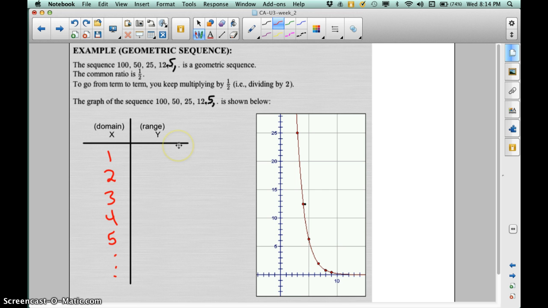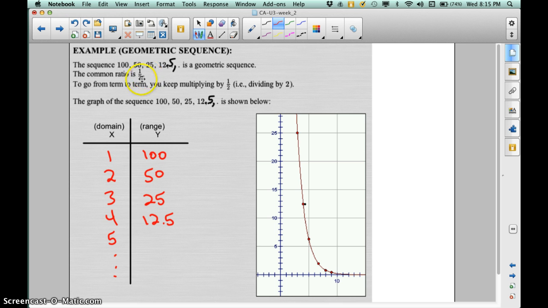Well, if you remember, as with an arithmetic sequence, the range of any sequence of any kind is always the sequence itself. And so our first term was 100, and our second term was 50, and our third term is 25. And then I had 12.5, and that's as far as they went there.